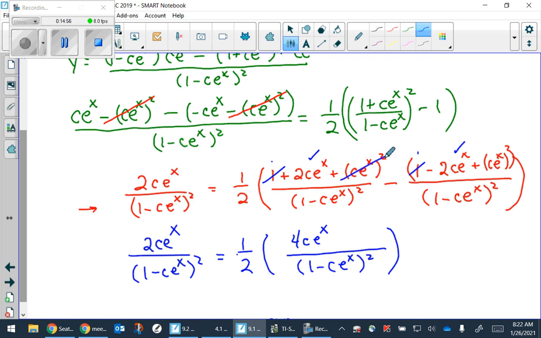That's a positive 1, and I am subtracting a positive 1, making that result 0. Hey, this cleaned up nice. And what is 1/2 of the 4? 1/2 of 4 is 2.